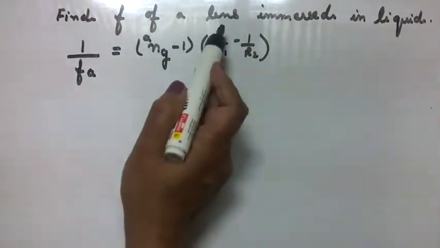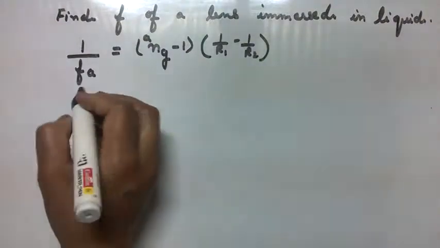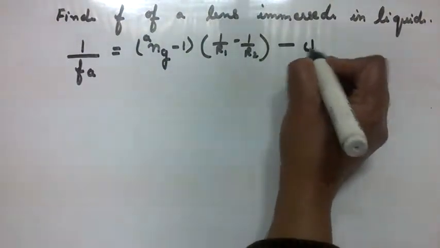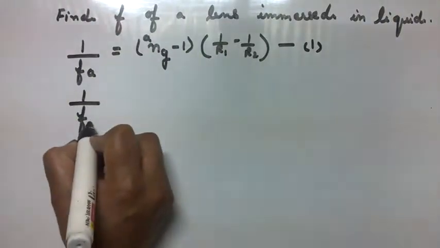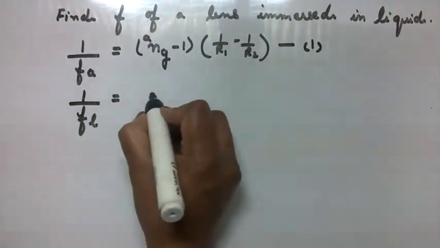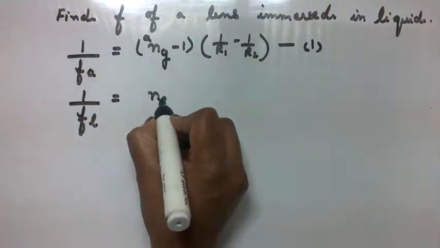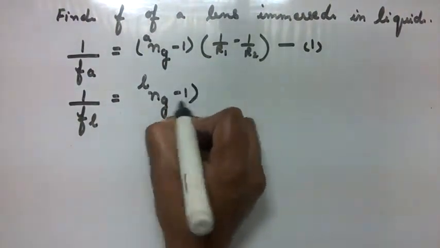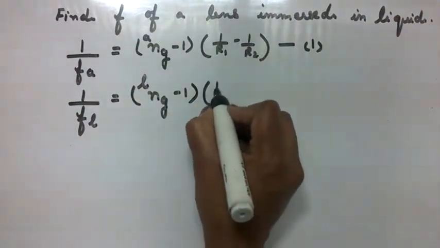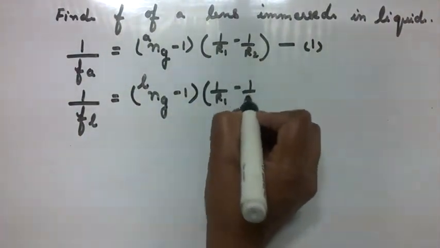Similarly, when the lens is immersed in a liquid, the focal length of the lens in liquid is given by 1 upon Fl equal to the refractive index of glass with respect to liquid minus 1, into 1 upon R1 minus 1 upon R2.